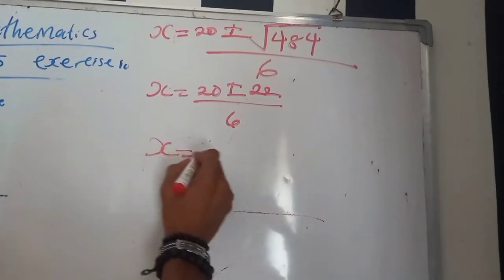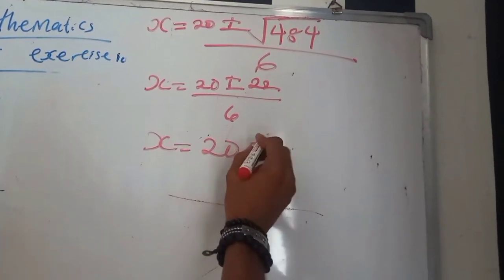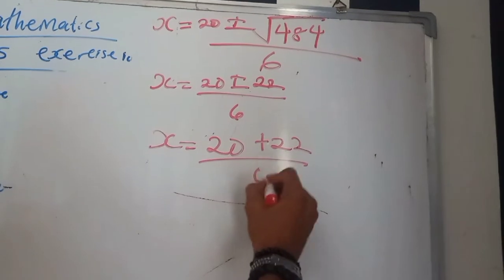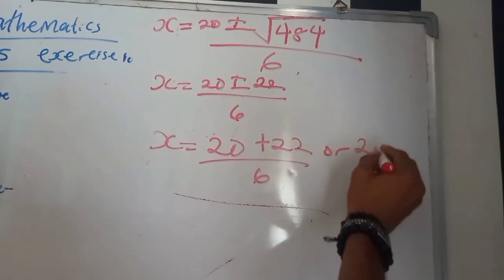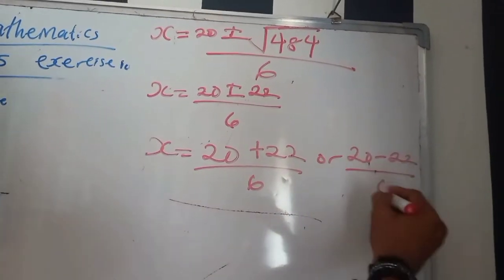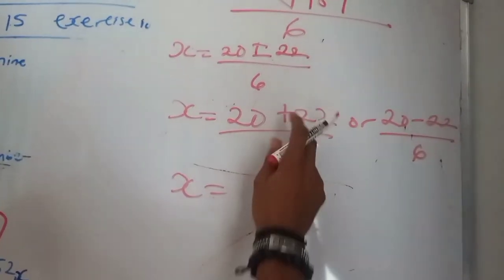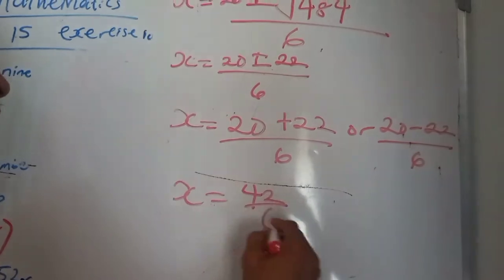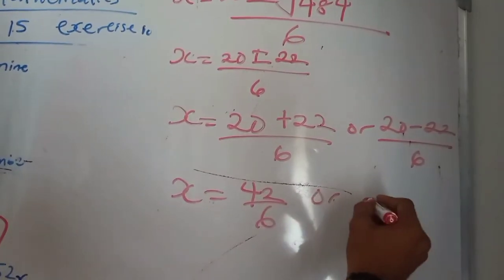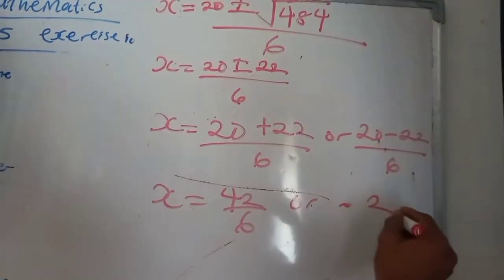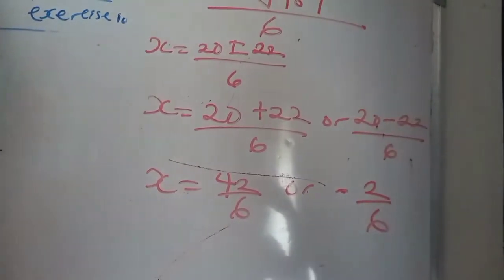So x equals 20 plus 22 over 6, or 20 minus 22 over 6. Therefore, we can say that x equals 20 plus 22, which is 42, over 6, or minus 2 over 6.